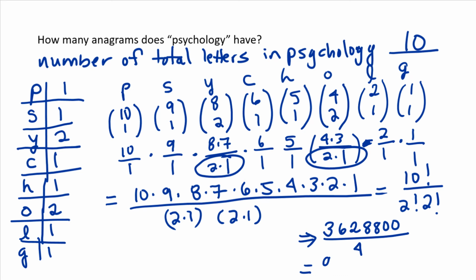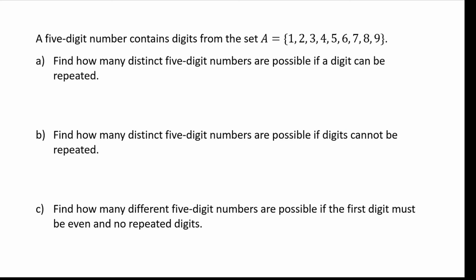And we find that there are 907,200 different anagrams of the word psychology. Most of them probably will make no sense, but that's the number of rearrangements of letters that are available.